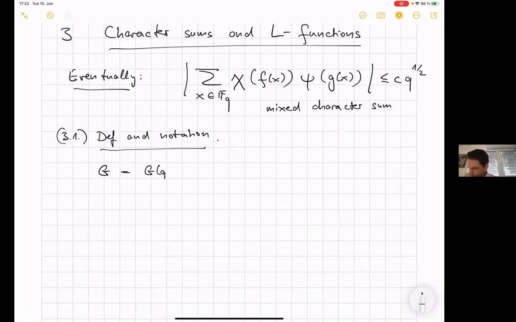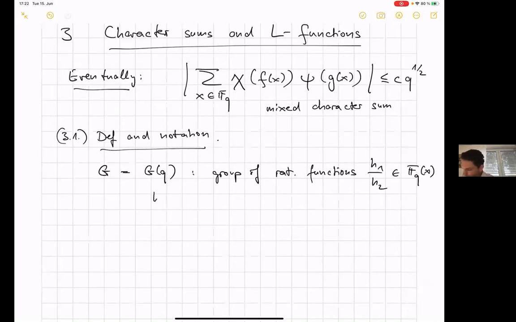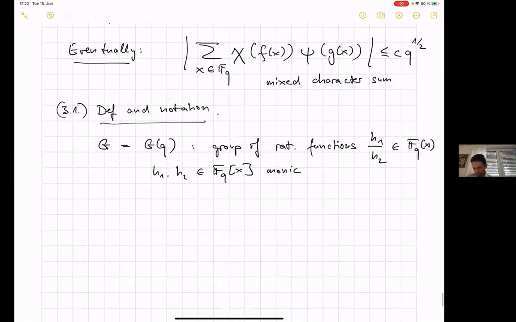With G, and sometimes I write G_q, this is the group of rational functions which I can write as a quotient h1 over h2 of two monic polynomials in F_q[x], where h1, h2 are monic. Every rational function of that sort is in G, and if I multiply them, it's again of that sort, so this is a group.